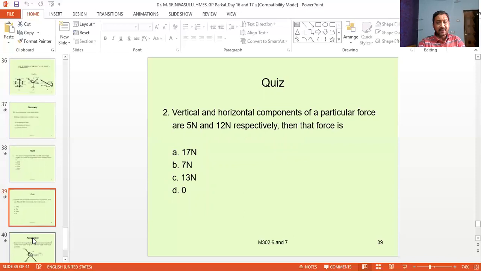Then that force is: if you know the vertical and horizontal components, the resultant R is equal to the square root of sigma Fv squared plus sigma Fh squared, that is the square root of 5 squared plus 12 squared, which is 25 plus 144, the square root of 169, which is 13. So the force is equal to 13 newtons, and option C is the correct one.